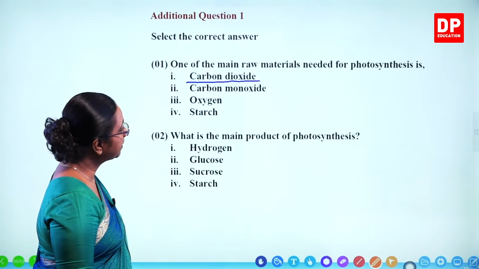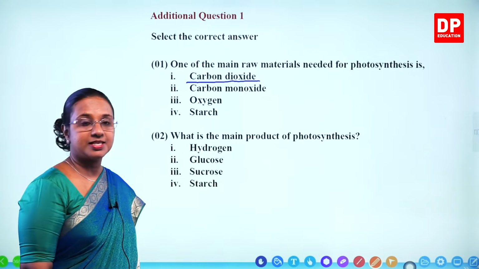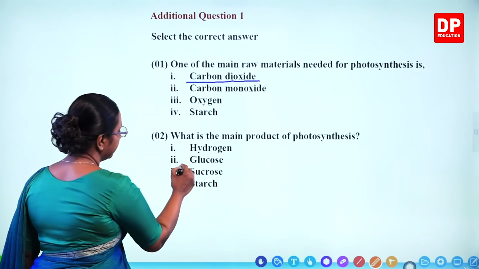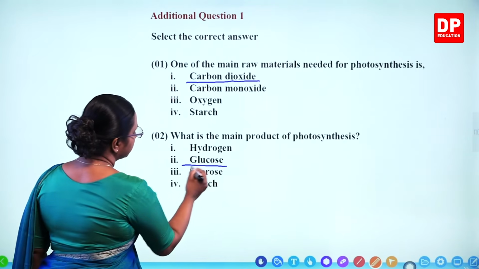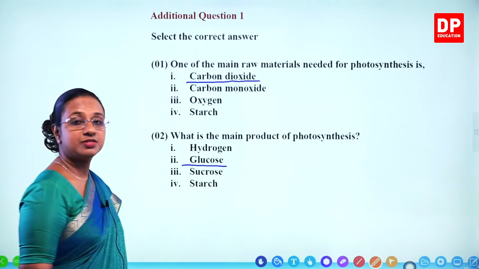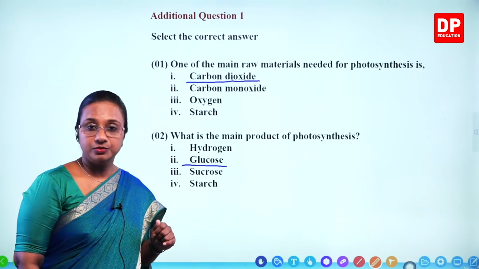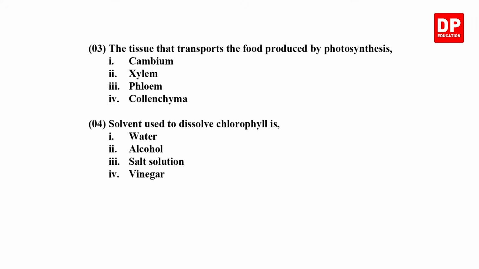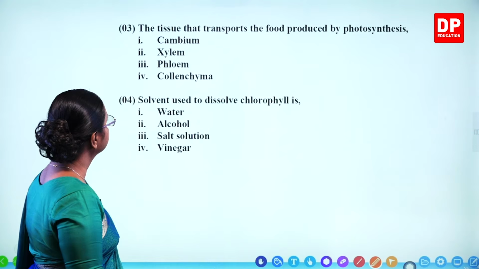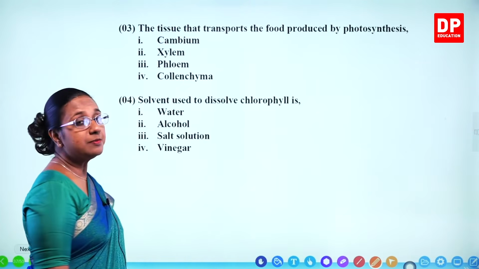What is the main product of photosynthesis? That you know the answer. It is glucose. Hydrogen, glucose, sucrose and starch. So it's glucose. Next question. The tissue that transports the food produced by photosynthesis. Cambium.